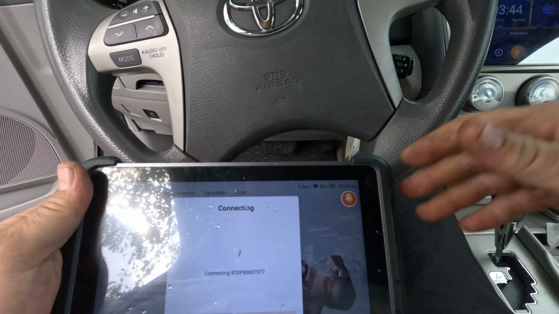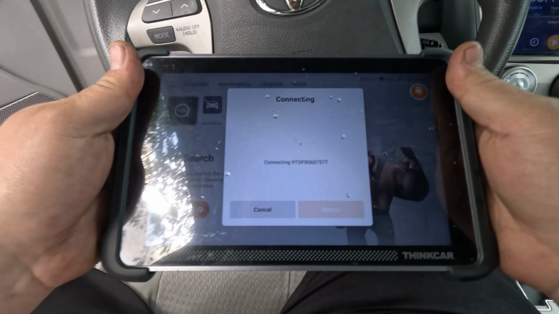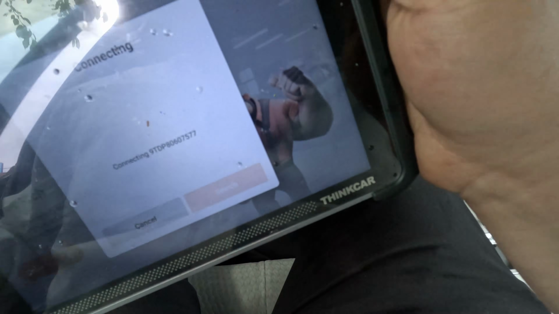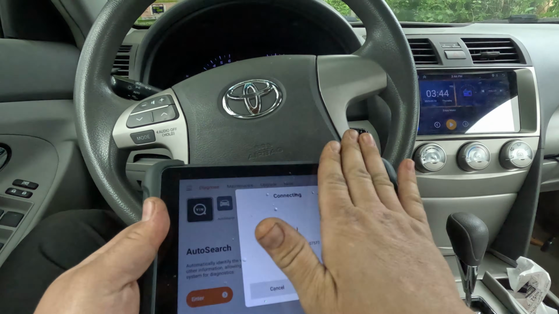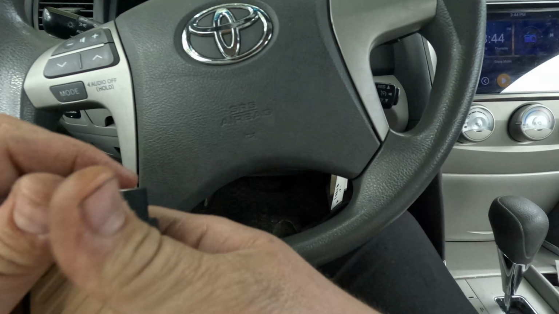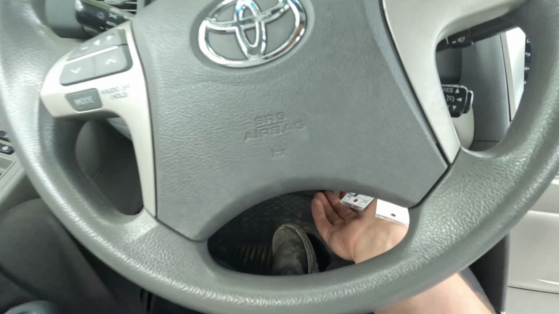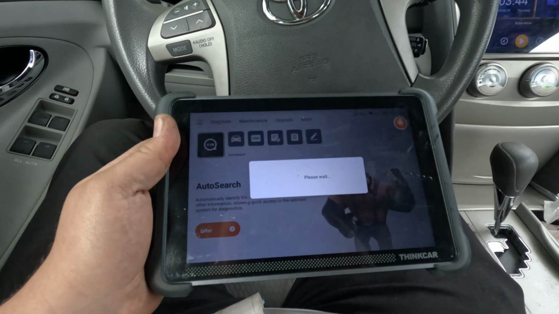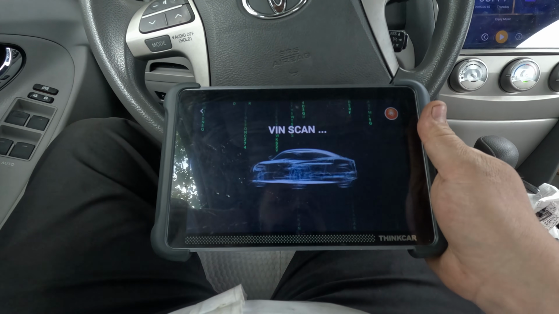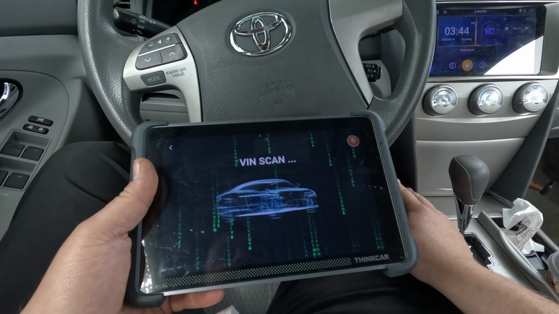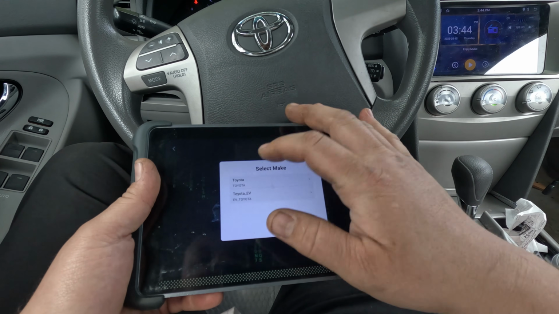Alright, I'm gonna do a scan. This place has tons of mosquitoes. I didn't plug the tool in. It's a Toyota.